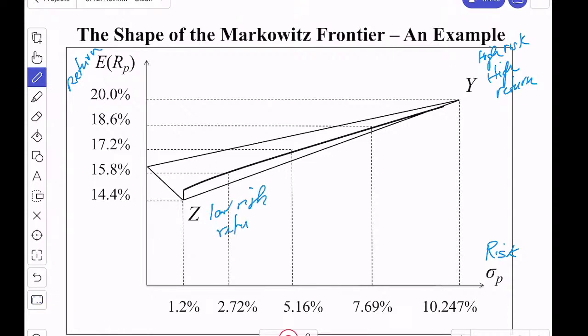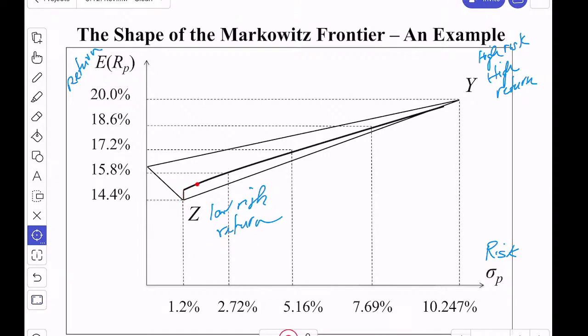And what we're going to do is combine the assets in a portfolio. So what happens? If there's no correlation between Z and Y, then there's no advantage in terms of reducing the standard deviation. There's no advantage by adding Y. There's no advantage in making this lower.